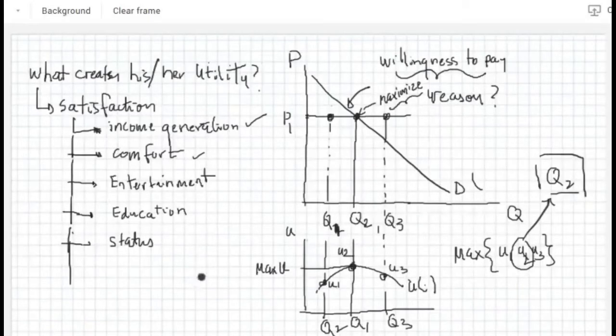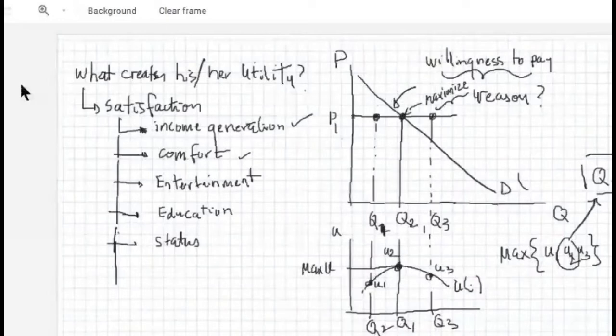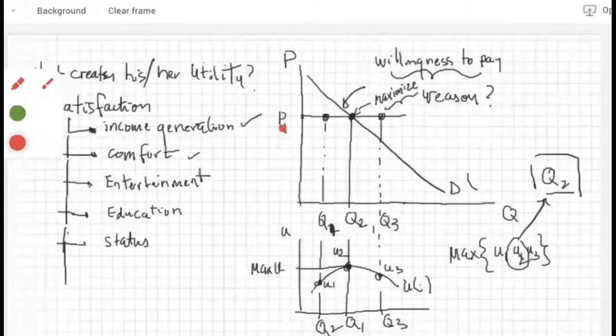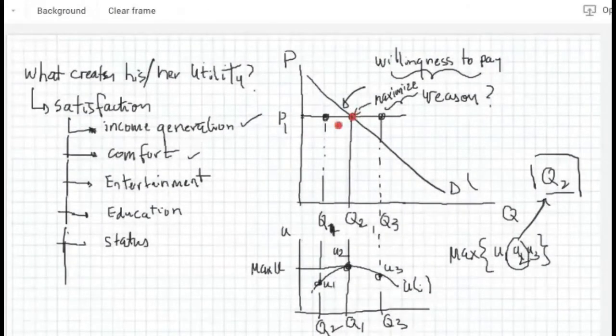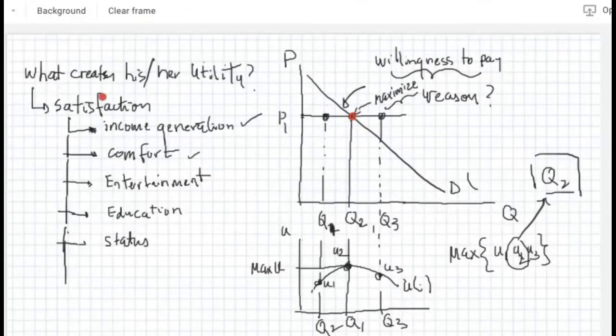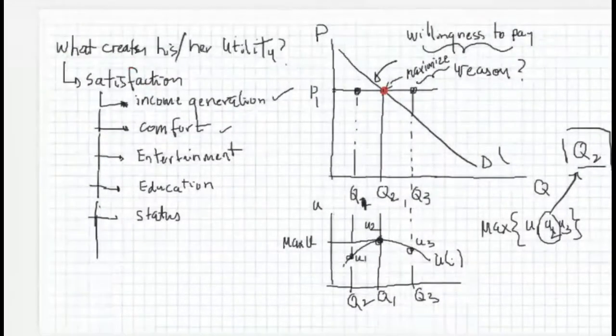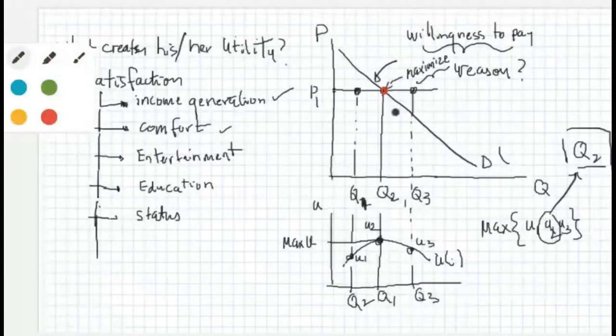Looking at all these reasons, I find this is the best point. So when I find a point on my demand function, somebody should really recognize this particular point. I will purchase because I find this is my best point. This is the maximum satisfaction point. But behind the scene is a utility function.